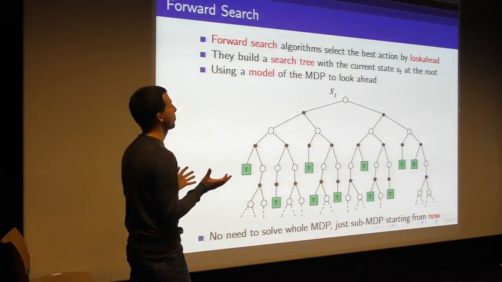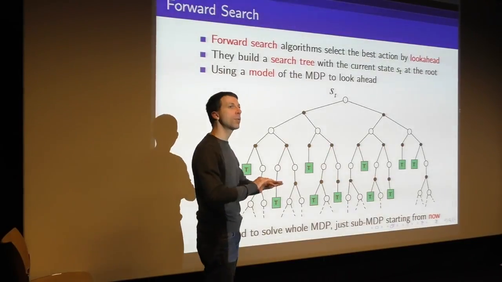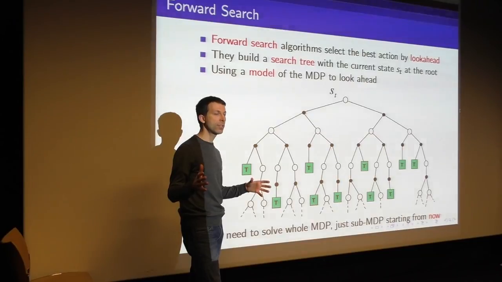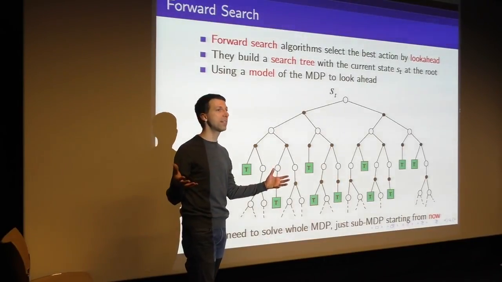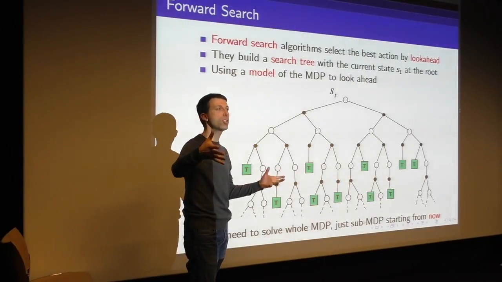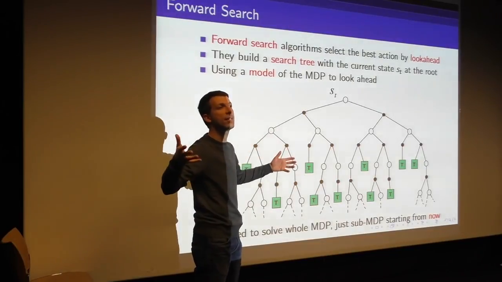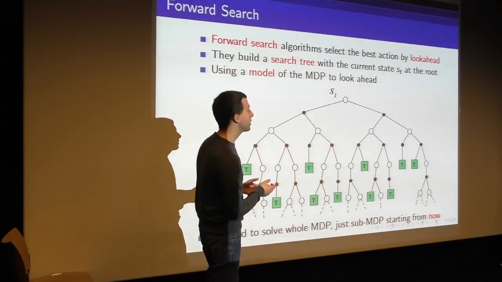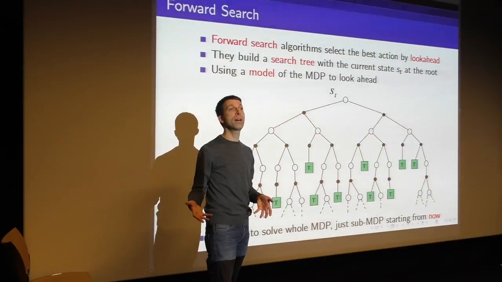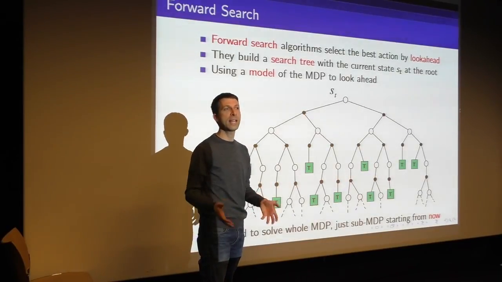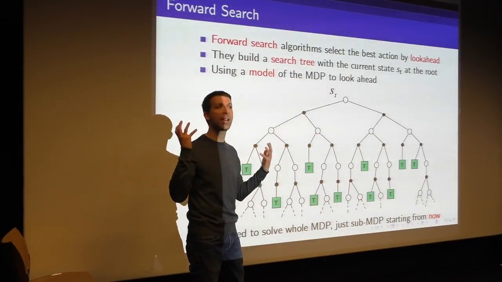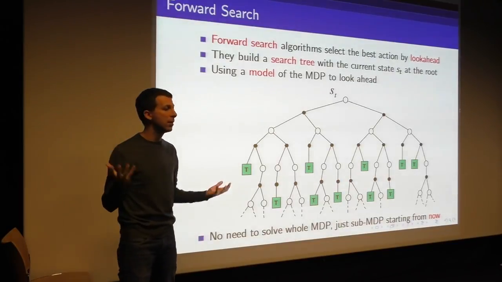So forward search algorithms don't explore the entire state space. It's not like, so far with Dyna, we were basically saying, let's randomly sample transitions from our entire state space, everything we've seen so far. Here, we're saying there's one state we care a lot more about getting the right answer for, and that's the state I'm in right now. Now has this special importance.